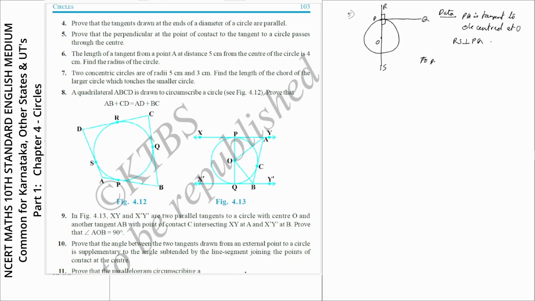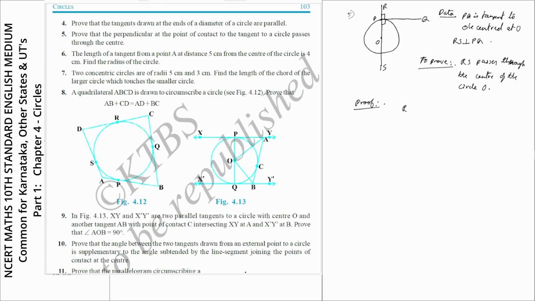To prove, I should prove that RS passes through the center O of the circle. So proof.